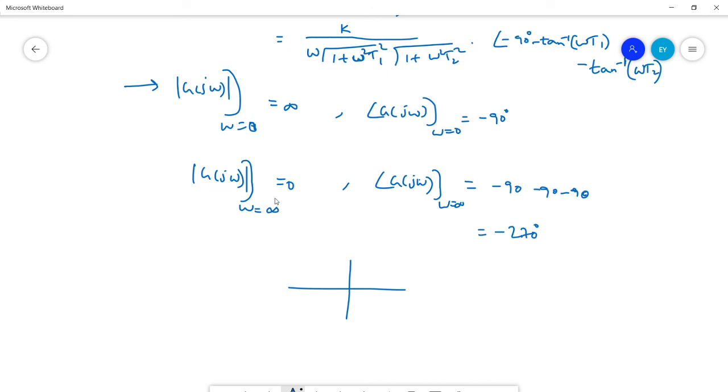The magnitude at omega equal to 0 is infinity, so the plot goes till infinity, which is somewhere here. At omega equal to 0, the angle you are getting is minus 90. So the plot will start somewhere here.